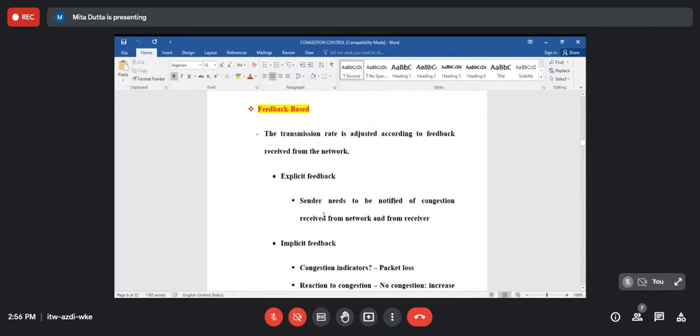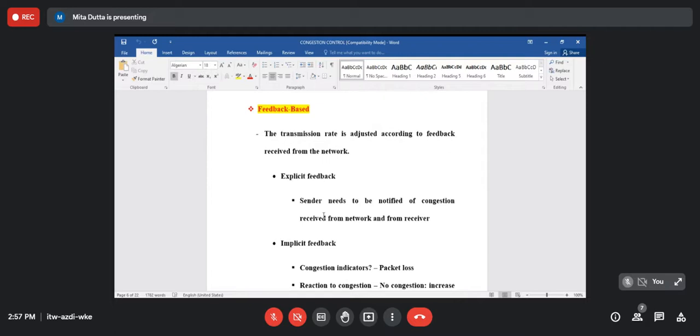Now, the forward congestion control signal means, in front of a router, say we have a sender and a receiver, and at the midpoint the packets pass through a single router. If the router finds that congestion has occurred in the network, it will send the FECN signal to the receiver and the BECN, backward explicit congestion control signal, to the sender.